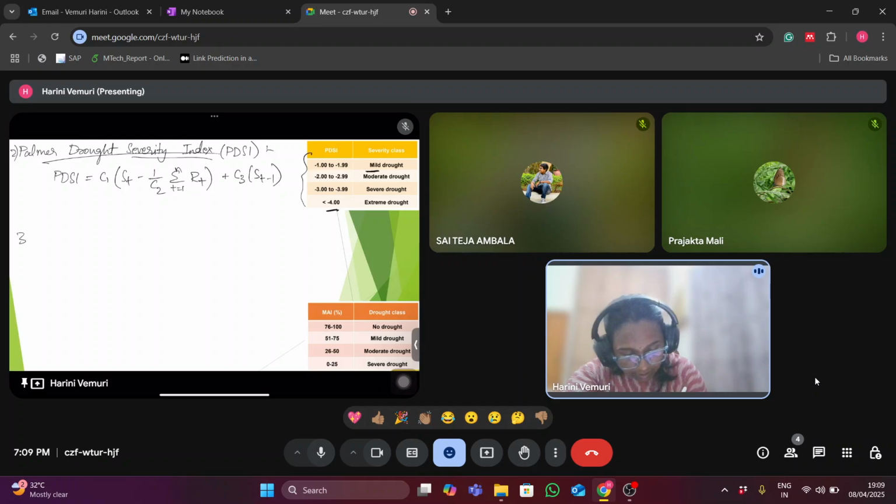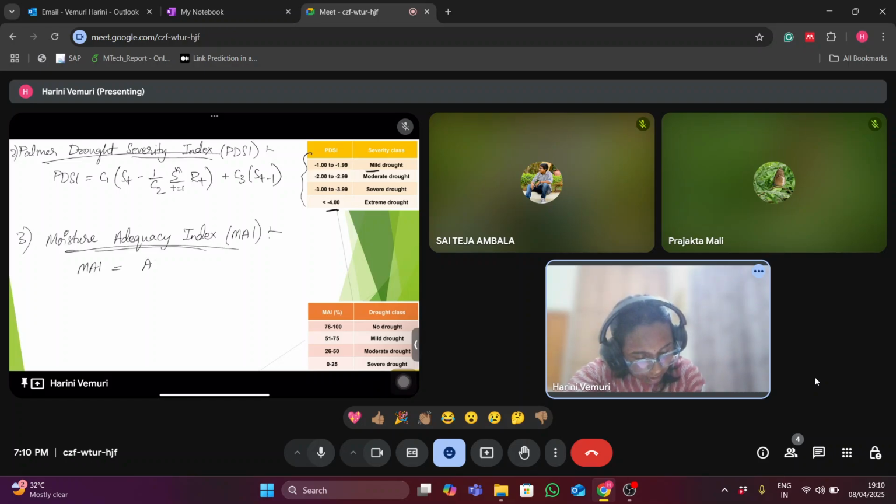The next one is the Moisture Adequacy Index, MAI. It is calculated as MAI is equal to actual evapotranspiration by potential evapotranspiration into 100.